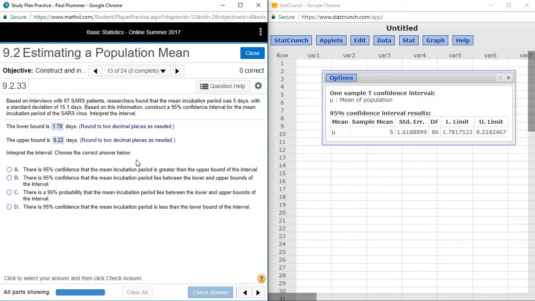Second, it needs to talk about the true population mean, in this case the mean incubation period. And then last, that it is inside the interval, so that it lies between the upper and lower limits. So that would be B.